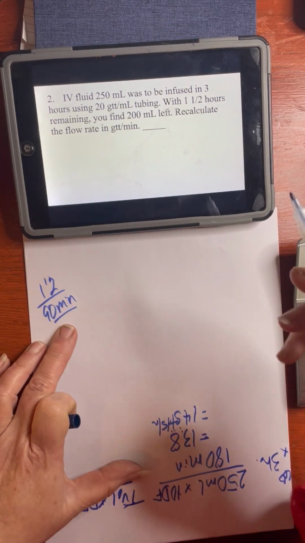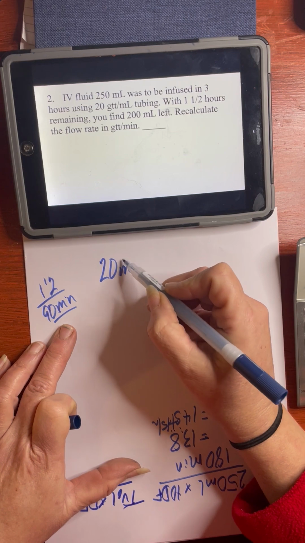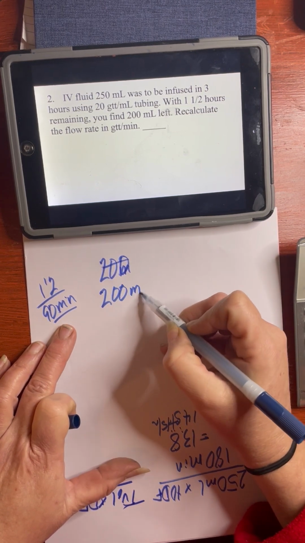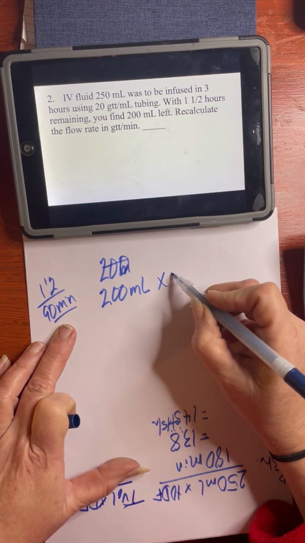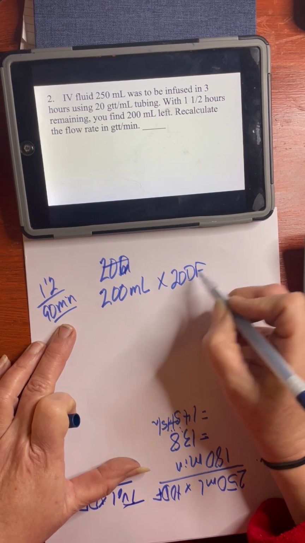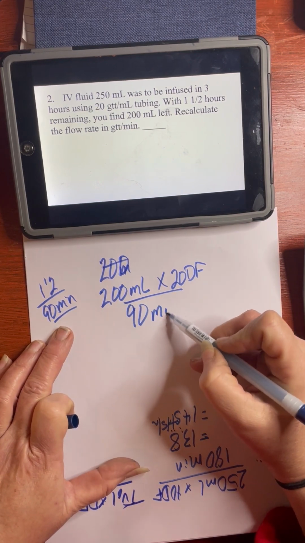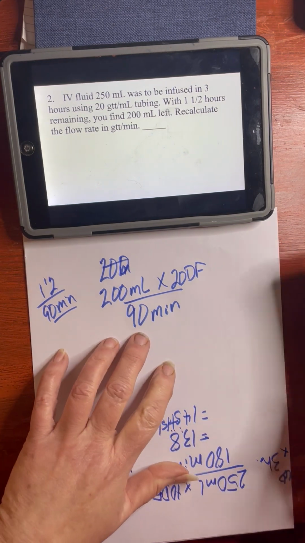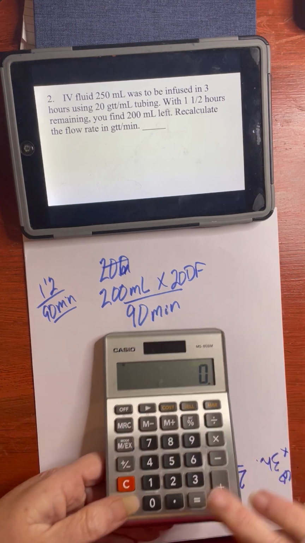What is our total volume? 200 milliliters. The drop factor is 20, and it has to infuse over 90 minutes. Show your work by setting your problem up. It's that times that divided by that.